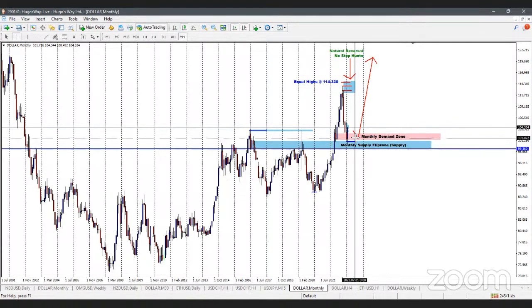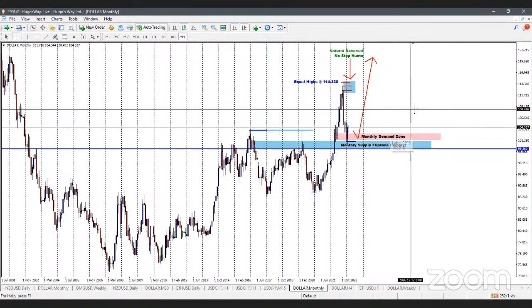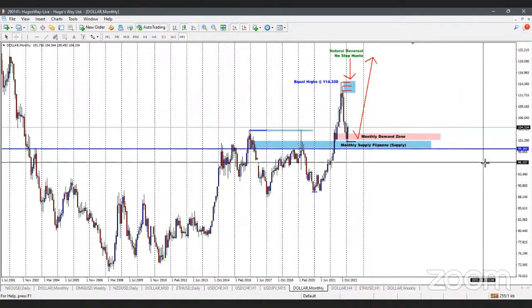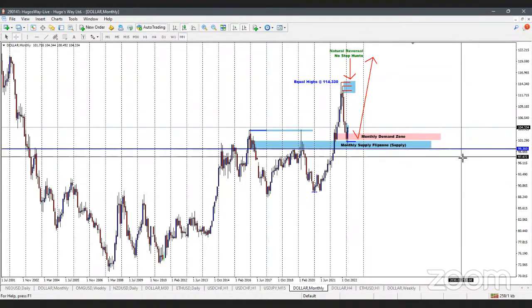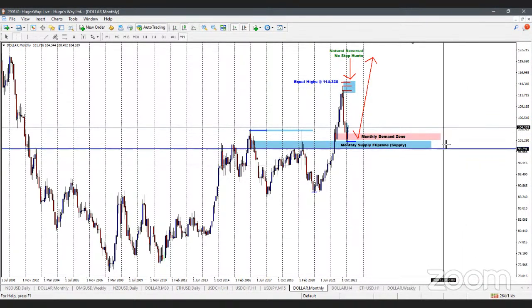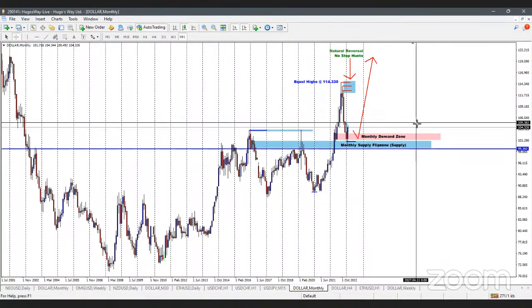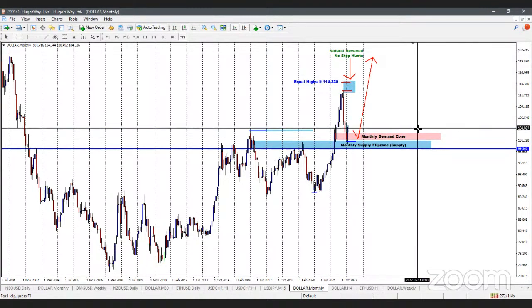There are debates whether there's 6 or 8, some say more, some say less, sometimes only 4, but I consider about 8 as major pairs. The only one that doesn't have the dollar in is the euro versus the pound. Because of the proximity of the UK to Europe and commerce, I consider it a major pair as well.